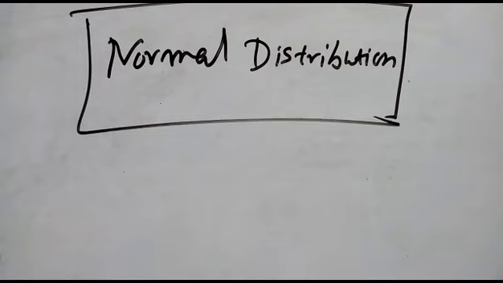Basically, normal distribution is used when the number of samples or the population is large.